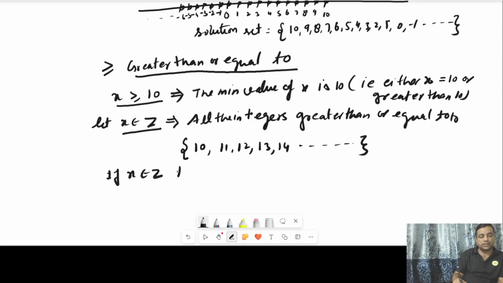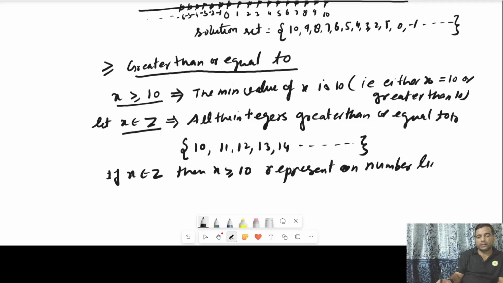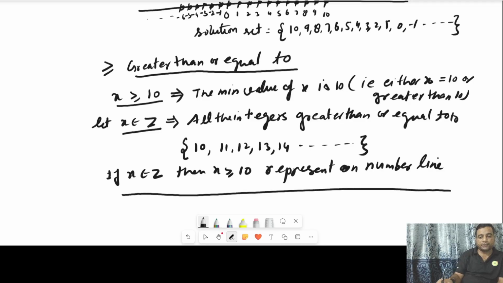If x belongs to Z, then represent x greater than or equal to 10 on the number line. First we should draw a number line. Let this be 0, 1, 2, 3, 4, 5, 6, 7, 8, 9, 10, 11, 12, 13, 14, 15, 16, 17, and so on.